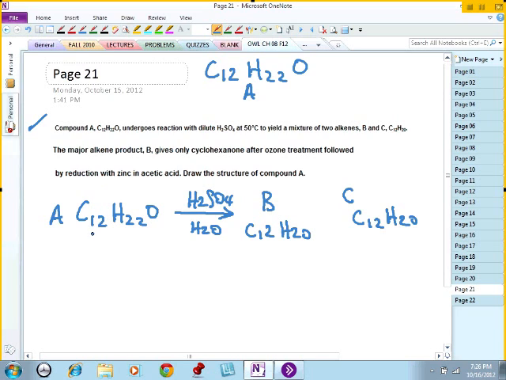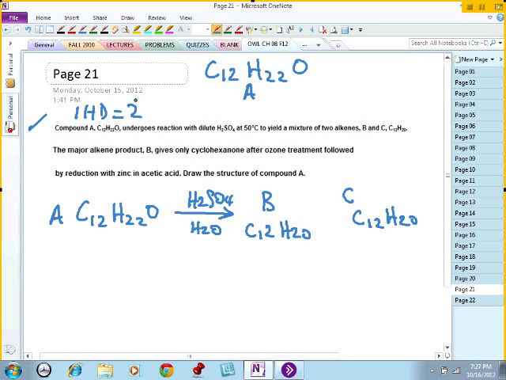What is the index of hydrogen deficiency of compound A? Is it 2, right? Okay. So the index of hydrogen deficiency of compound A equals 2.